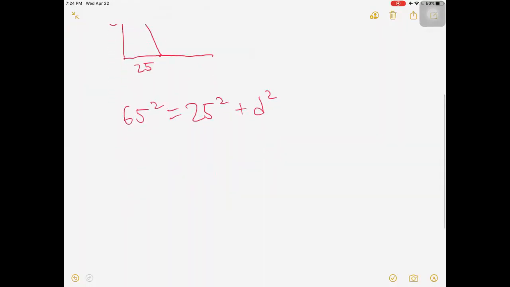If you actually do this, it's not so bad. You can either memorize the triples or you can just do the math. It should be 3,600, so the square root should be pretty nice. It should go out to 60.